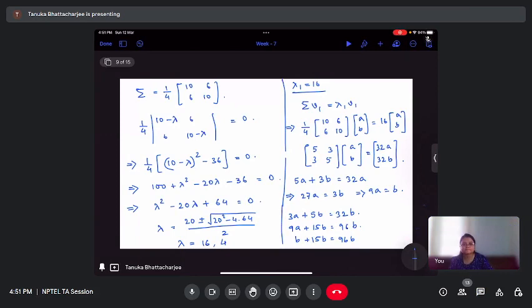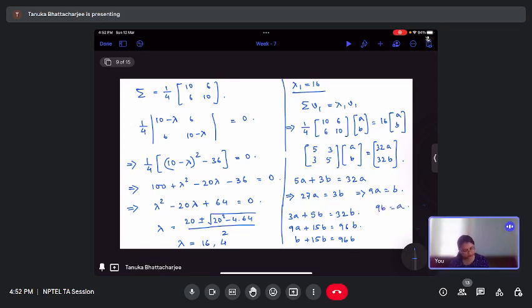Ma'am, we are getting A is equal to 9B. So we can say that A is 1 and B is 9. A is equal to 9B, where are we getting that? When we are solving the second equation, 6A plus 10B, which is equal to 64B, there we get 6A equal to 54B, which means A is equal to 9B.